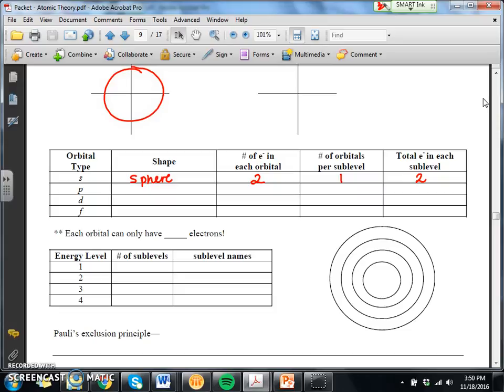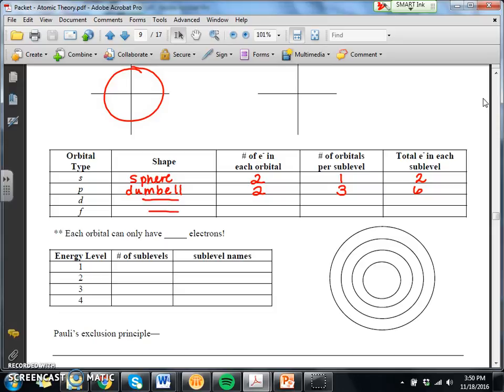My sublevel p has the shape of a dumbbell, like the kind you would go to work out with. And in this p orbital, there are still only 2 electrons allowed in any orbital, and the p sublevel has 3 orbitals in it. So 2 times 3 gives me a total of 6 electrons available in the p sublevel.